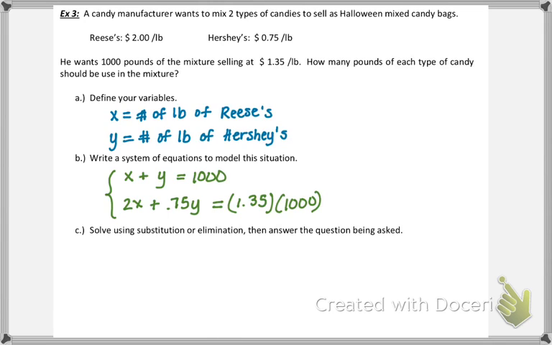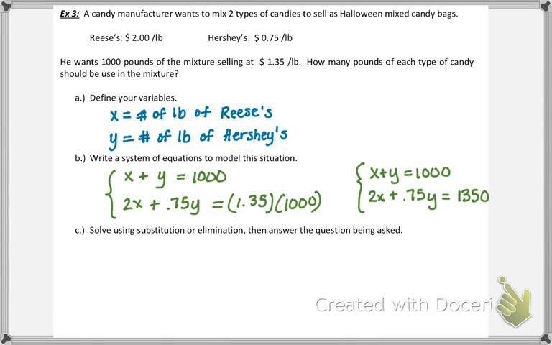So now we can solve the system by substitution or elimination, entirely up to you. So I'm going to rewrite this. x plus y equals 1,000, my first equation. 2x plus 0.75, or you could change it to 3/4, entirely up to you, y equals 1350, and then we can solve by substitution or elimination.